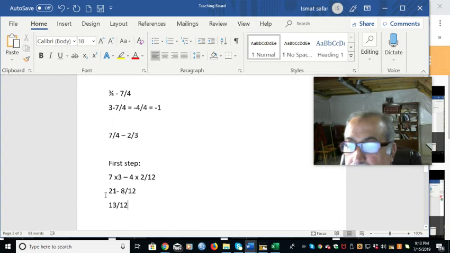And the top, we multiply this 7 times this 3, and then remember the minus sign, minus this 4 times this 2. You follow the steps. So 7 times 3 is 21, minus 8, which is 4 times 2, divided by 12.